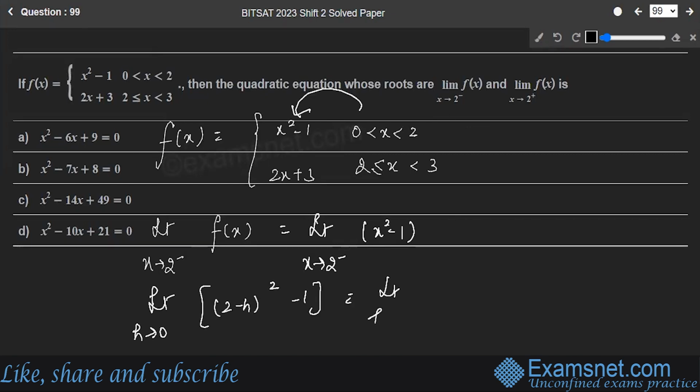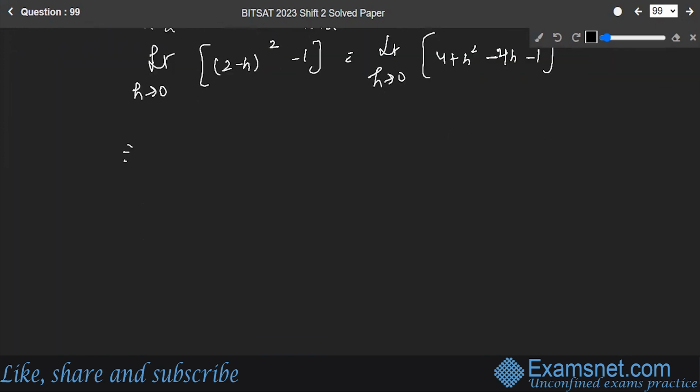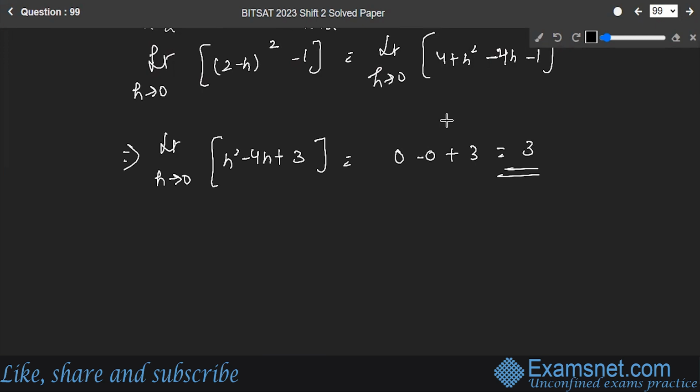This is equal to limit h approaching 0 of h squared minus 4h plus 3, which is 0 minus 0 plus 3. This is equal to 3. So I got the one root as 3.